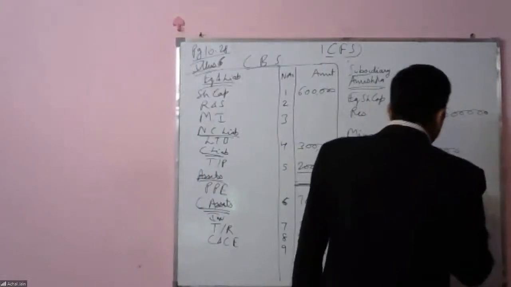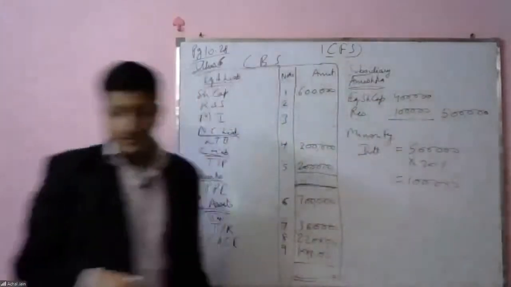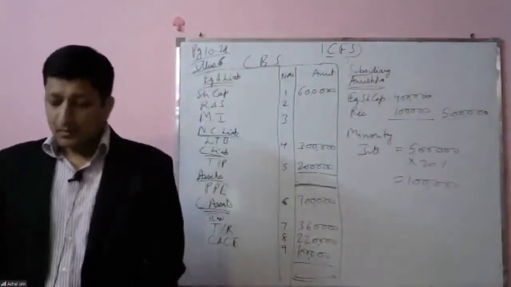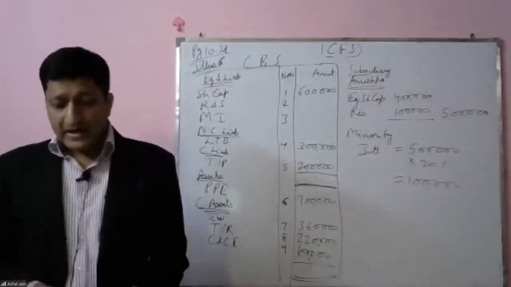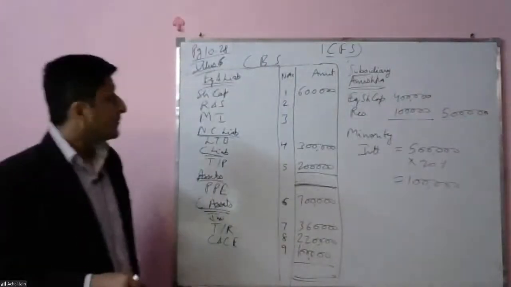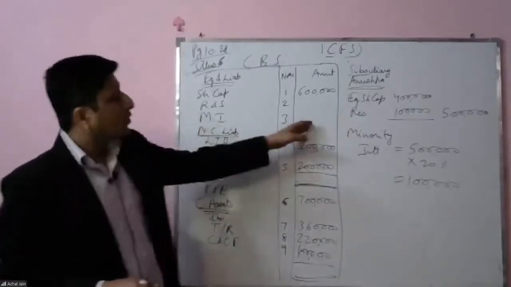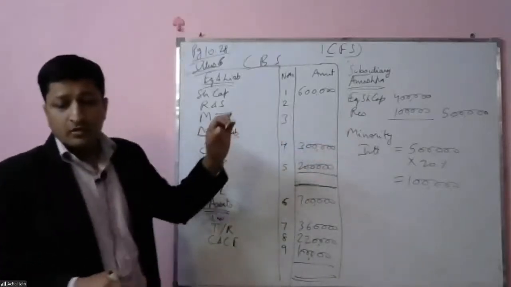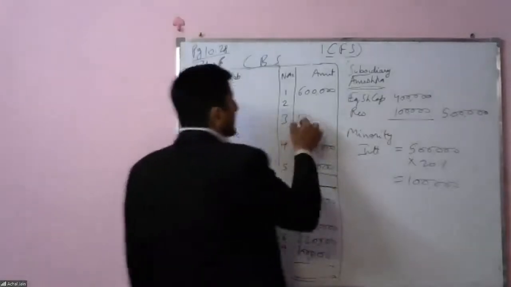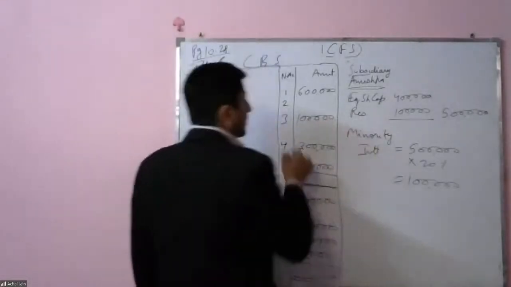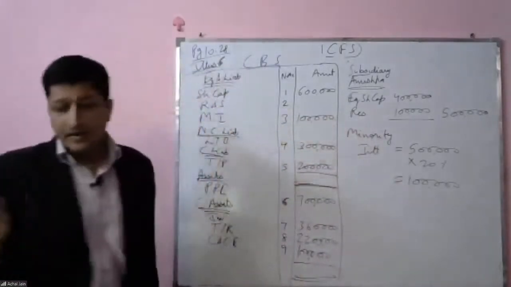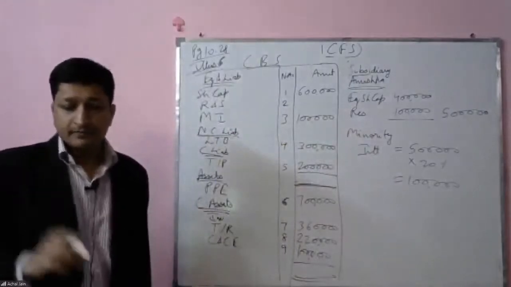That is 1 lakh. Very simply. If you want to give a note, you can also include a note. Currently, I am just straight away taking it over here. This note number 3 you can prepare. I am not going on to note number 3.